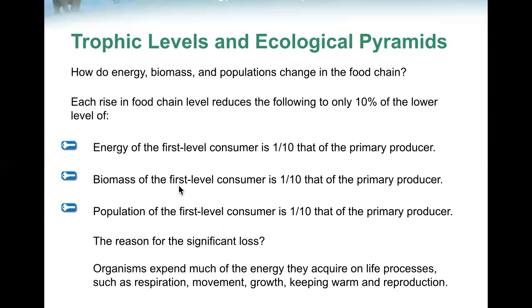The biomass in the first level consumer is 1/10 that of the primary producer. Population, the number of animals in the first level consumer, is 1/10 that of the primary producers. There's 10 times as many plants as there are first level consumers. The reason for this significant loss? Organisms spend much of the energy they acquire in life processes such as respiration, movement, growth, keeping warm, and reproduction.